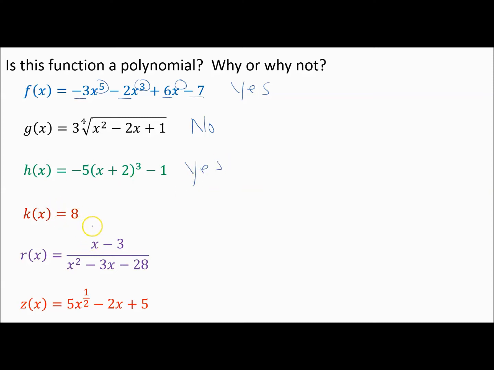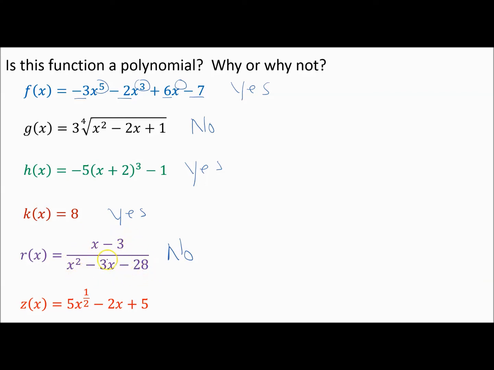I know k of x, the red guy right here, equals 8. Seems like it's not a polynomial, but actually it is a polynomial with one term. The degree is 0 because the highest power is x to the 0 power, and that's it. r of x is what we call a rational function because it's in fraction form, and it is a polynomial in the numerator.